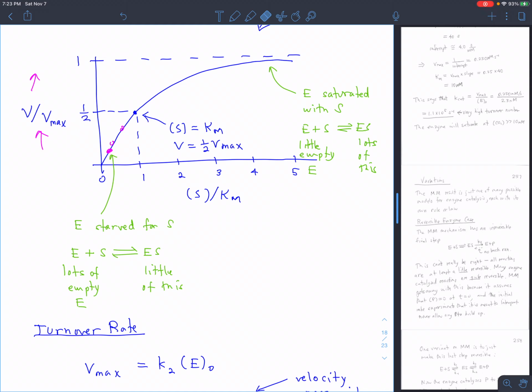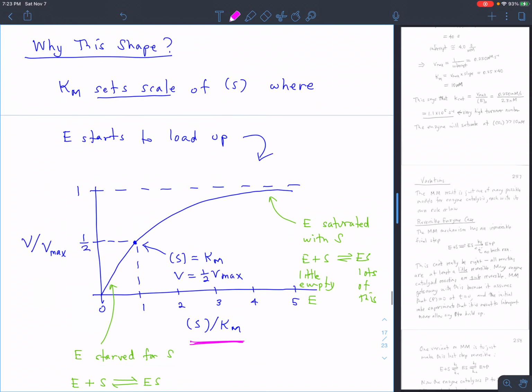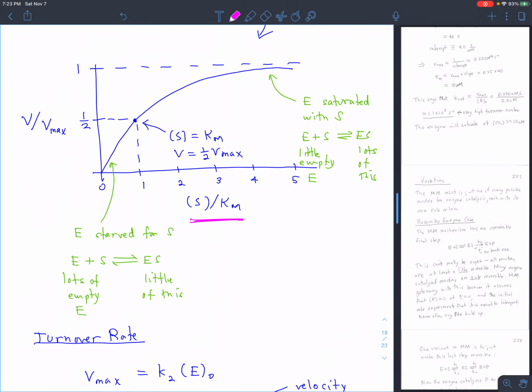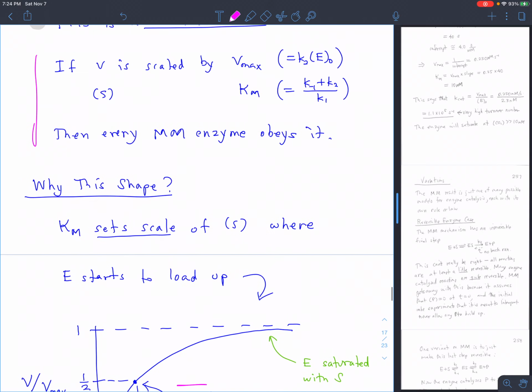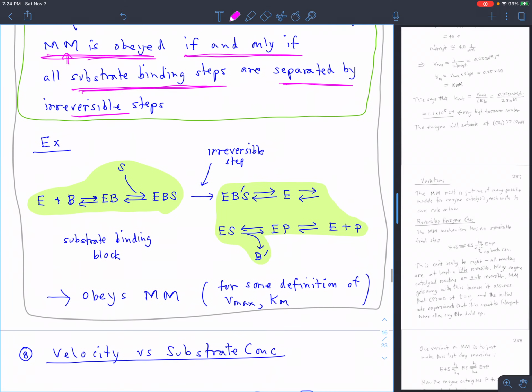You can see by the Michaelis-Menten law that S, the substrate concentration, is scaled on Km at every point, which means that when S is equal to Km, if we go back up to our formula here, let's look at that.